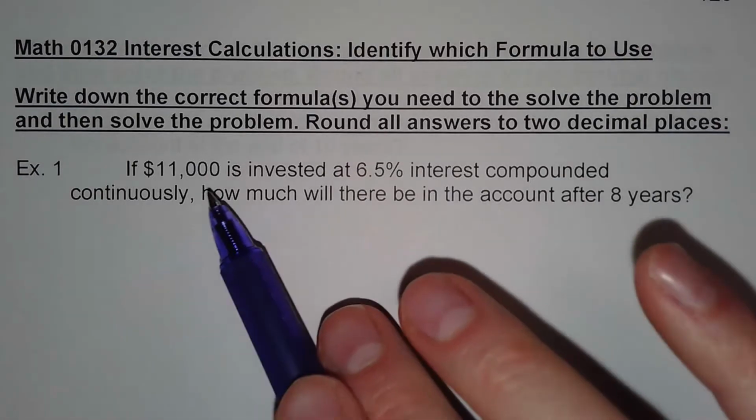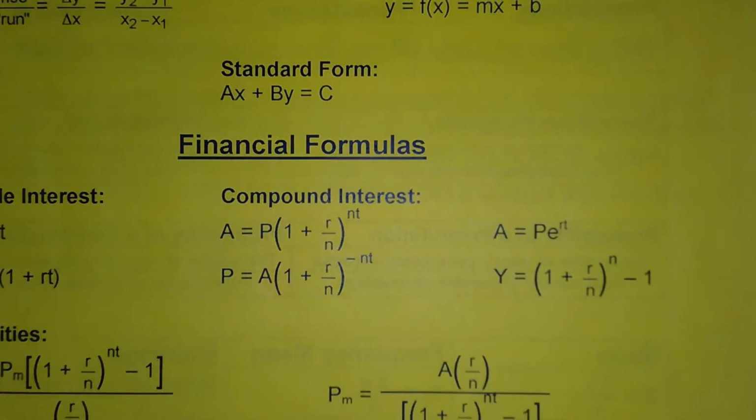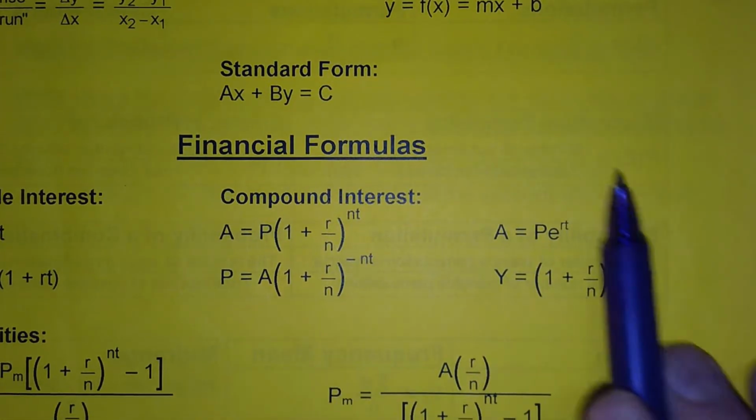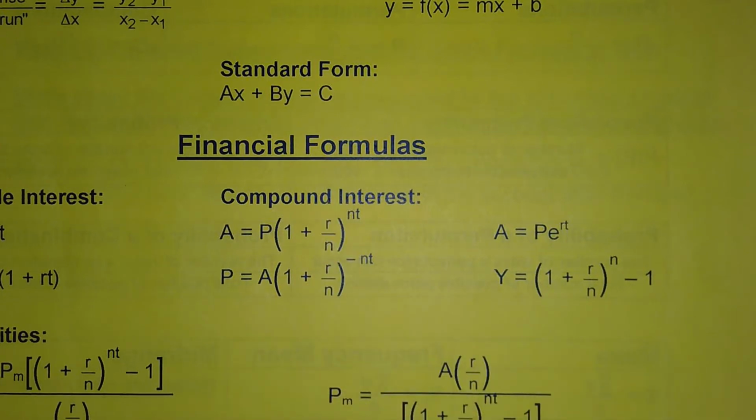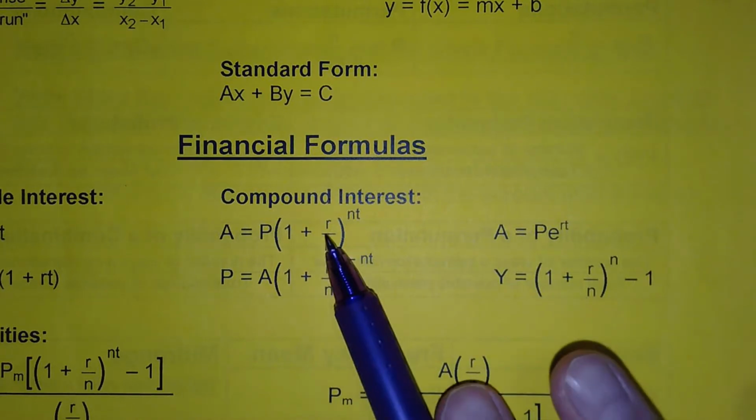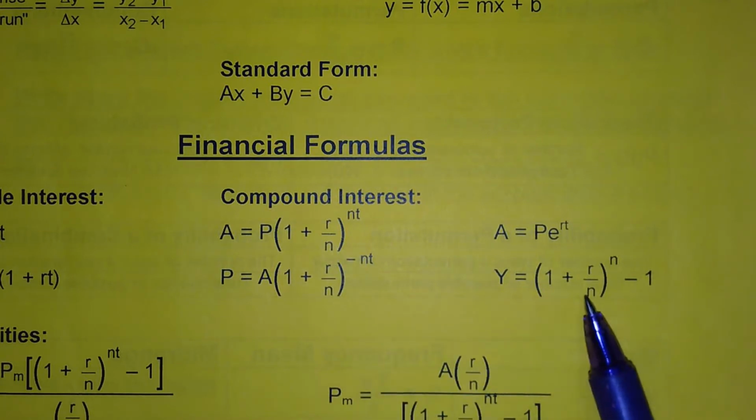So we have a set amount that's being invested, and it's compound. So that means we're looking at one of these 4 formulas here. Now they said compounded continuously, so we don't have an end value. That eliminates this formula, and that formula.